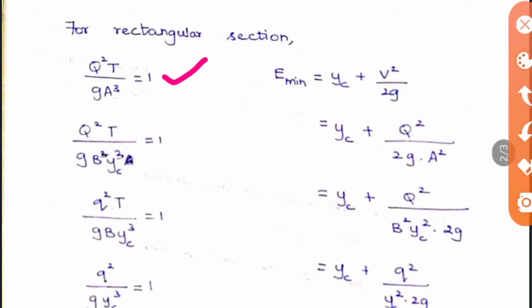So q square into T by g into b into yc cube is equal to 1. Since the top width T and the bottom width B of a rectangular channel are the same, you can cancel that. So you'll be getting q square by g yc cube is equal to 1.